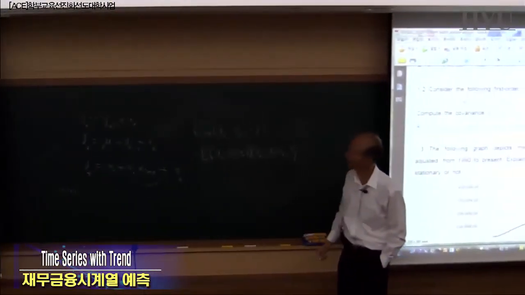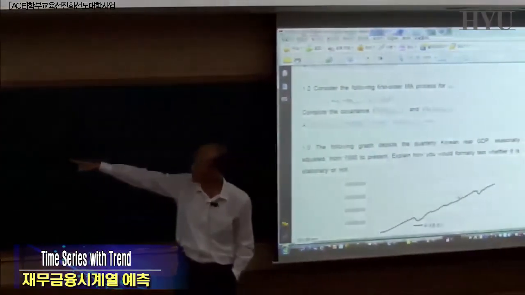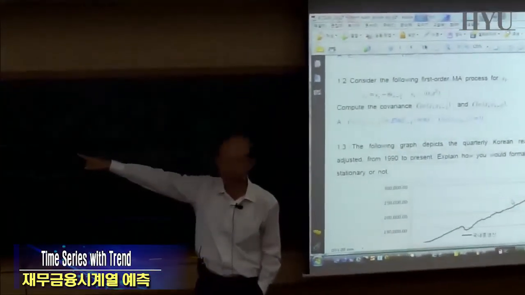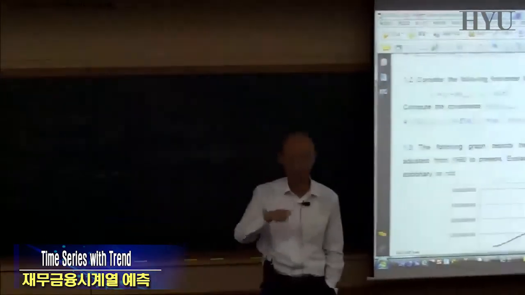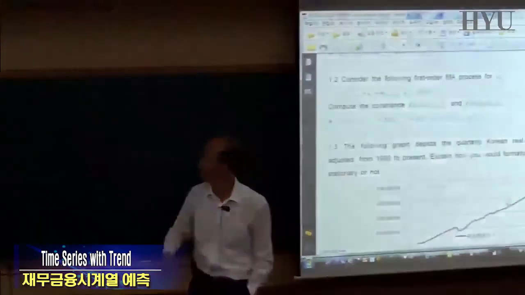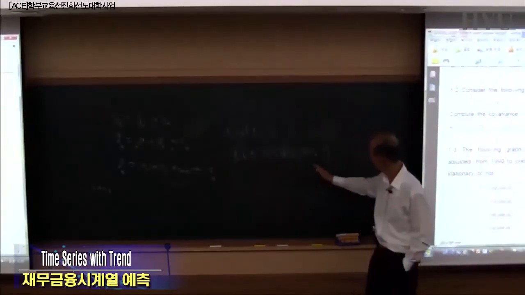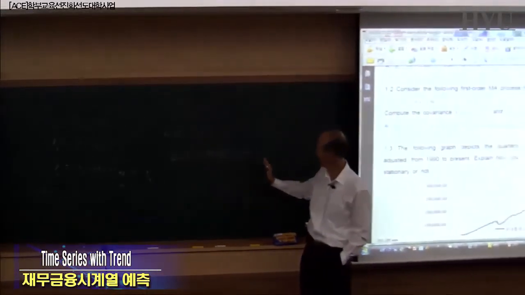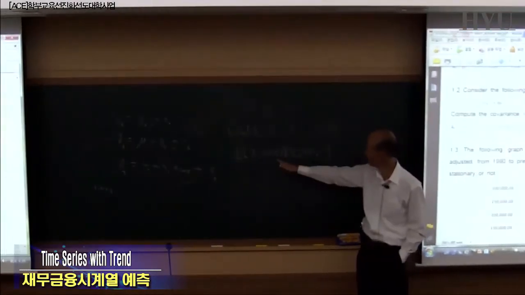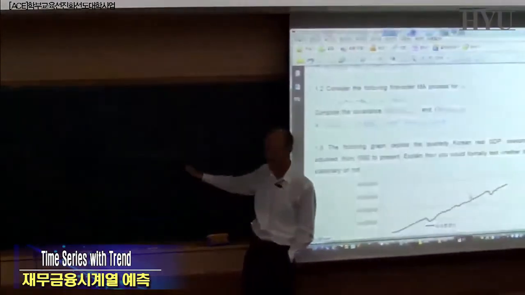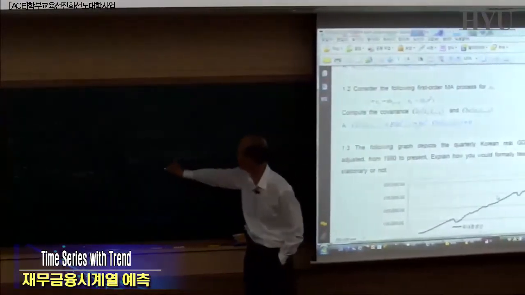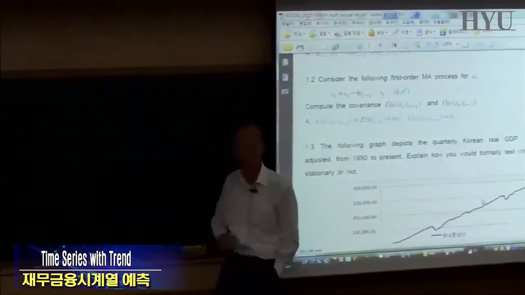So taking expectation on the MA(1) process, the expectation is 0. So this one is 0. And because this x is stationary, this and that are the same: t minus 1, t, same expectation, right? So this is 0 and this is 0.